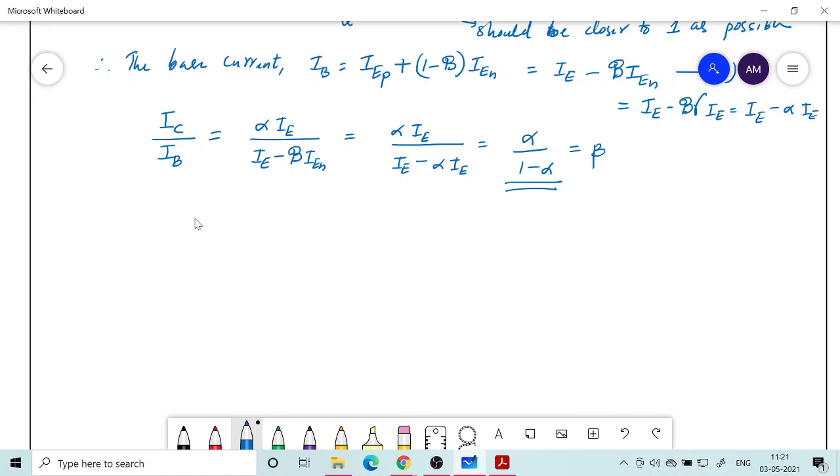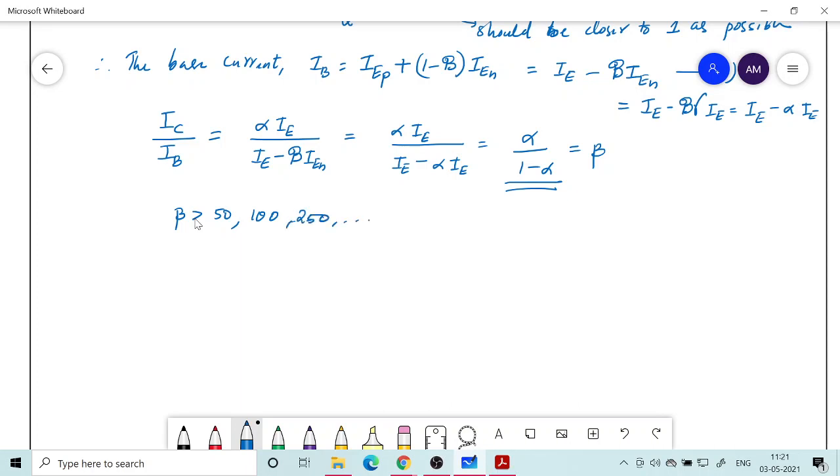Okay, so the ratio of the collector current to the base current, we want it to be as large as possible. Usually the typical value of beta for a good transistor, I would say, will be larger than 50 or 100, and 250 is also available.